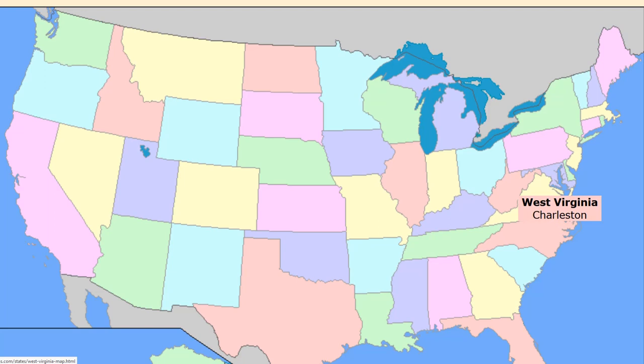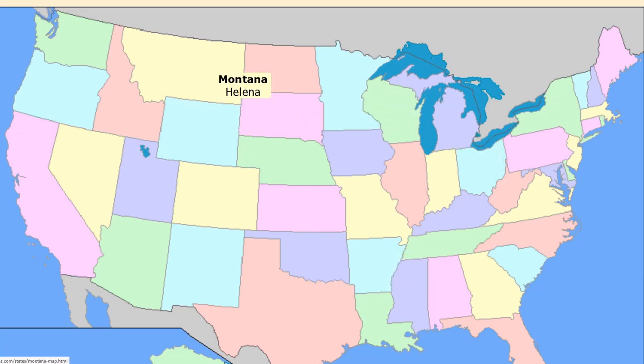West Virginia, Richmond, Maryland, Annapolis, North Carolina, Raleigh. This is Colorado, Denver is the capital right there. New Mexico, Santa Fe, Texas, Austin, Oklahoma City, Kansas, Topeka, Nebraska, Lincoln, South Dakota, what's that, Pierre? I never heard about that one. Wyoming, Cheyenne. But anyway, Arkansas, Little Rock.